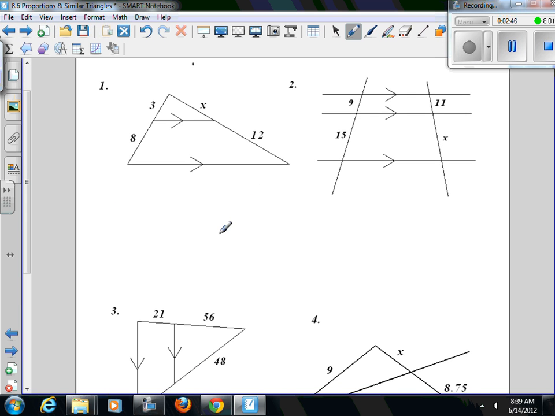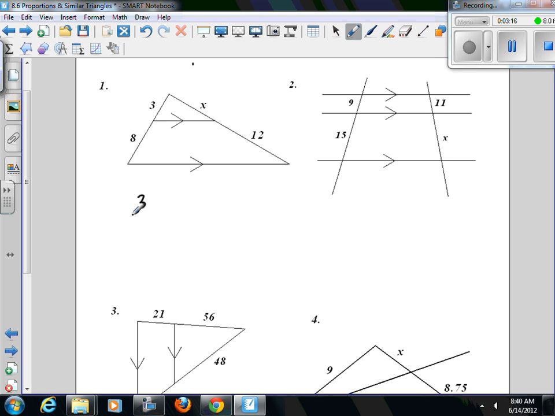Number one, we are given this diagram, and we're going to be making a proportion from it. We want to find x. All right, well, one side of the triangle is parallel to a line going through it. And so we can write this proportion. Remember, this goes back to the triangle proportionality theorem.